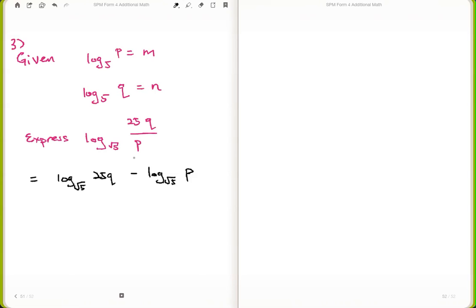Then what you are given is log 5, but here you have log root 5. All you do is change of base, change to 5, and therefore it will be log 5. You just copy what you have over log 5 of root 5, minus log 5 p over log 5 root 5.